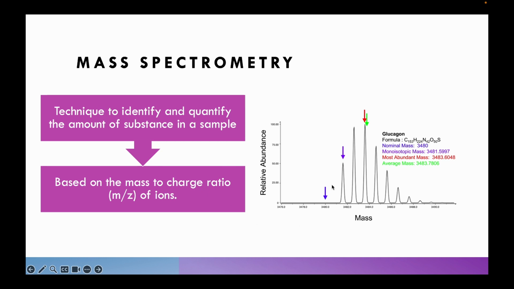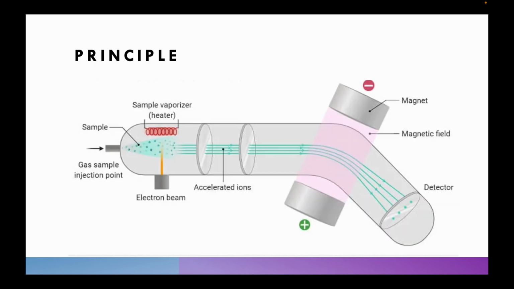So now we know why it is used, and now comes the principle. How does it work? This is the machine, the basic principle of mass spectrometry. Suppose you have one sample and you pass this sample through a gas sample. For this to work, the sample should be in the gaseous phase. Why does it matter?